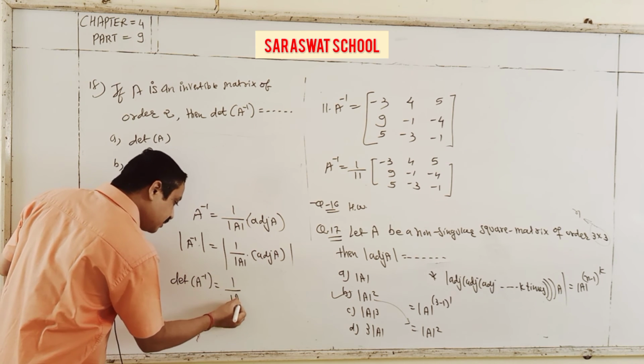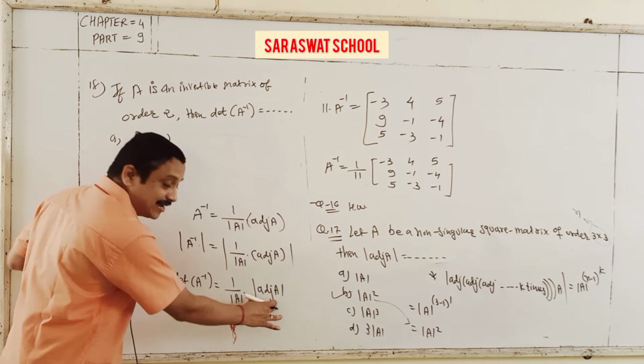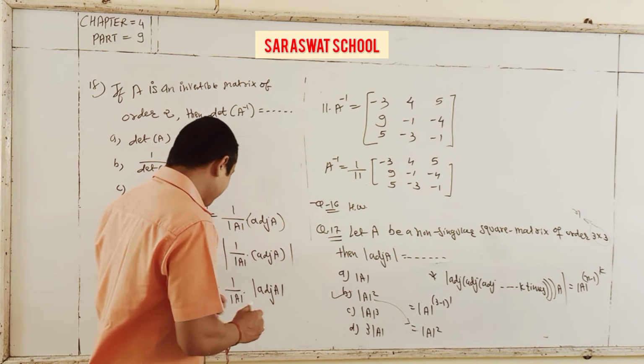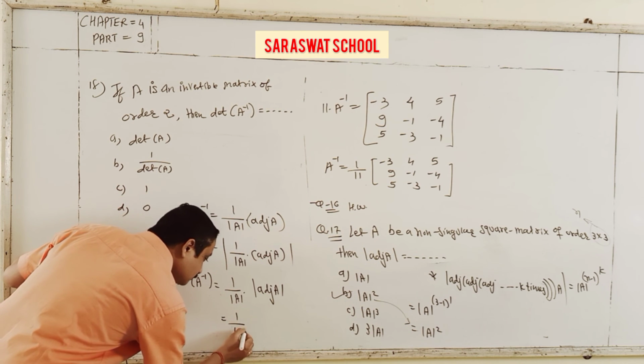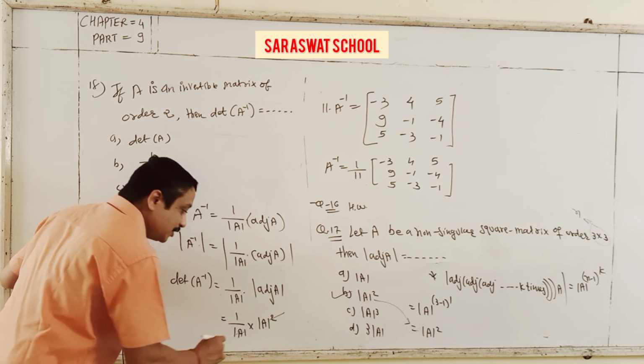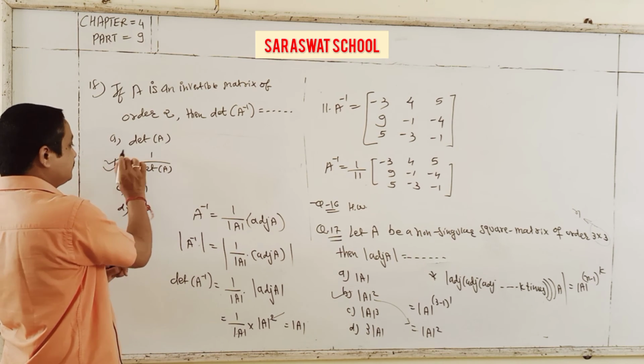Here 1 upon determinant is same. Here determinant of adjoint of A, and that I already explained here. So apply the value. It is what? Determinant A square. This cancels. Your answer is only determinant A.